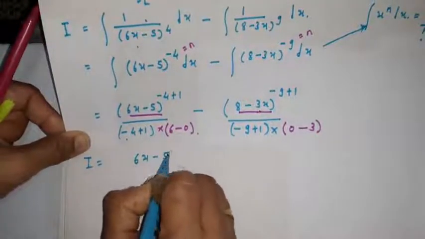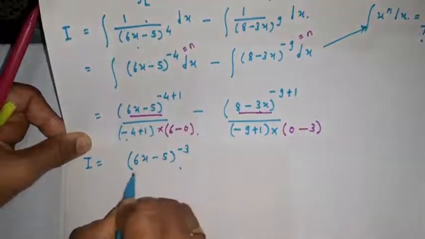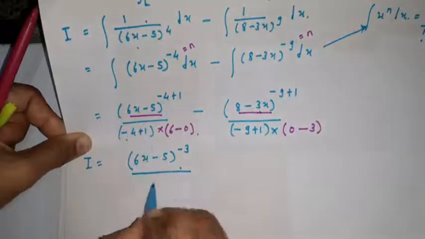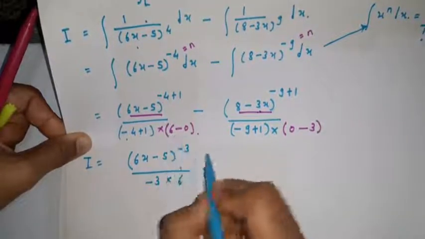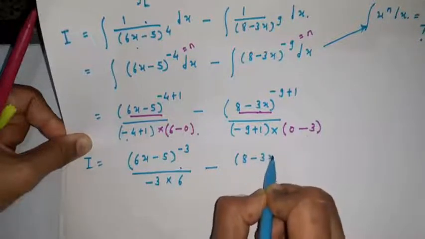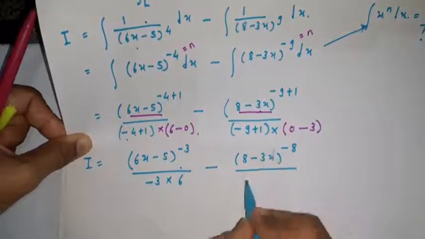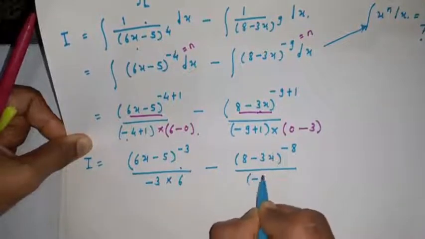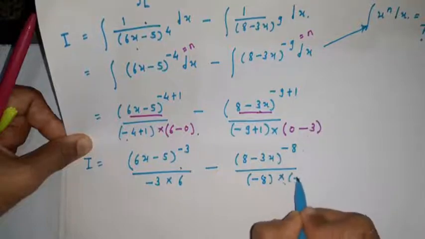And hence the integration I is equal to (6x minus 5) raised to minus 4 plus 1, that is minus 3, upon minus 3 into 6. Okay, minus (8 minus 3x) raised to minus 8 upon minus 9 plus 1, which is minus 8, into minus 3.